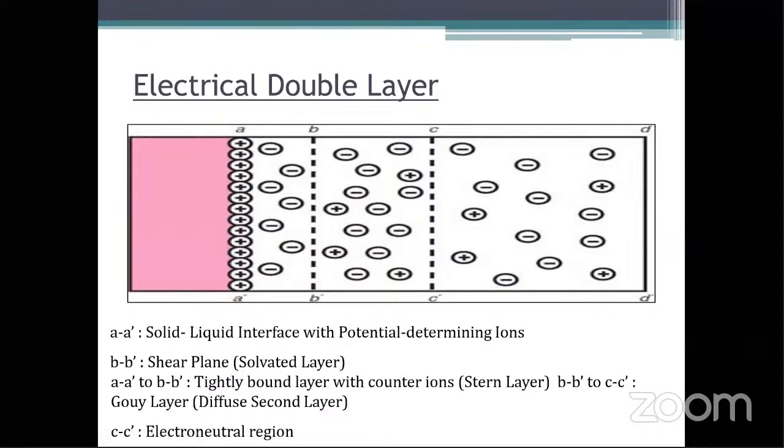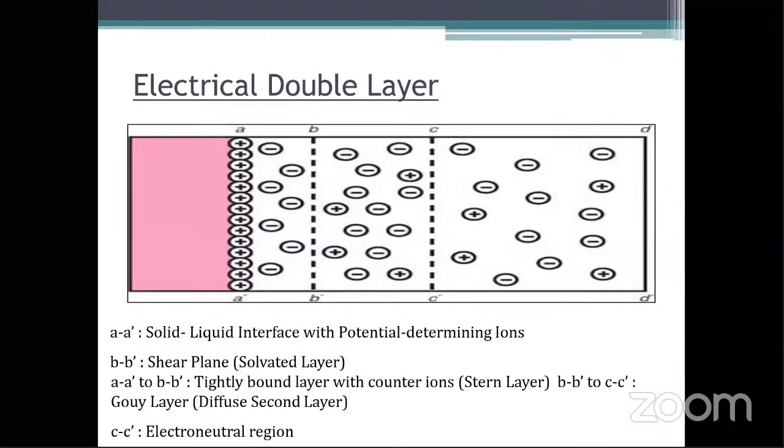Now the interface A dash, that is the solid liquid interface. All the cations that are assumed to be present in the solution are adsorbed on the solid interface, and they will impart a charge.